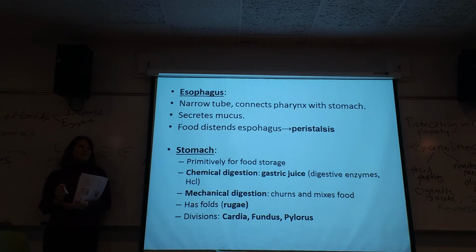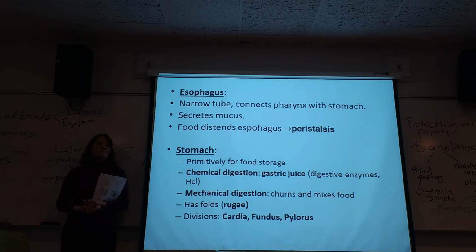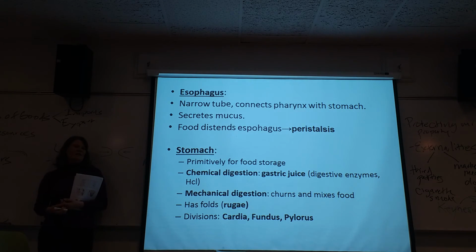What begins digestion in the stomach? Anyone know that? Yeah. Fats. What? No. Fats? Protein. Proteins, right, good. So protein digestion actually begins in the stomach. The stomach also has some mechanical digestion as well. So it churns basically to mix up the food.